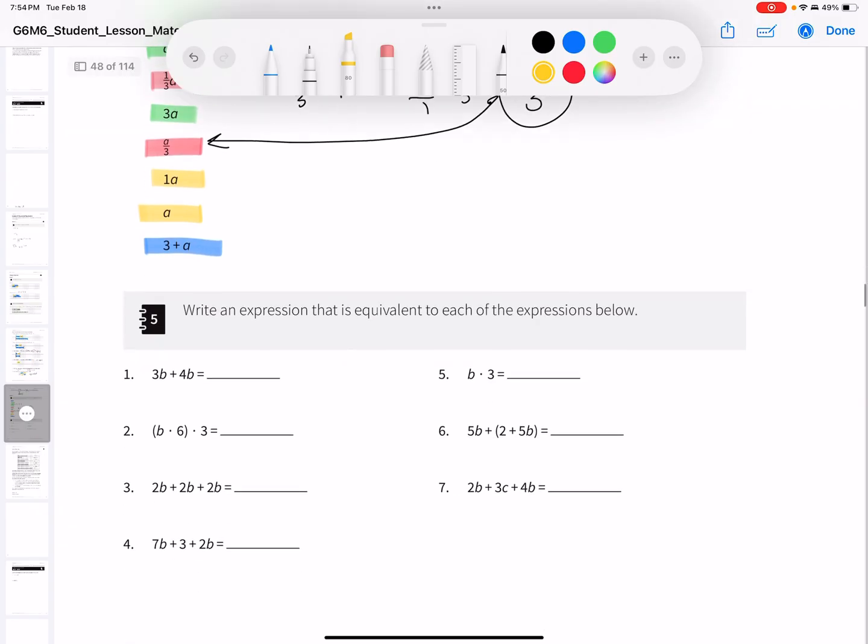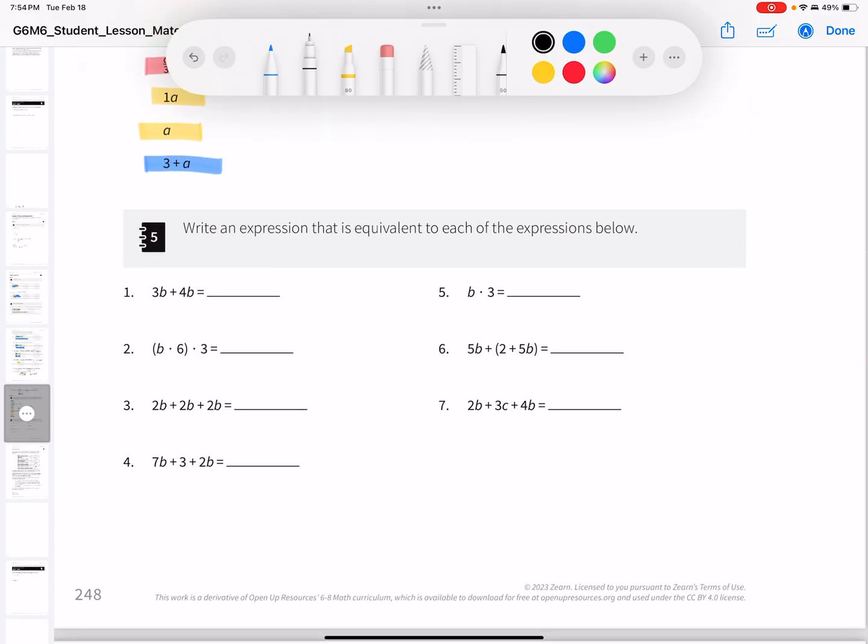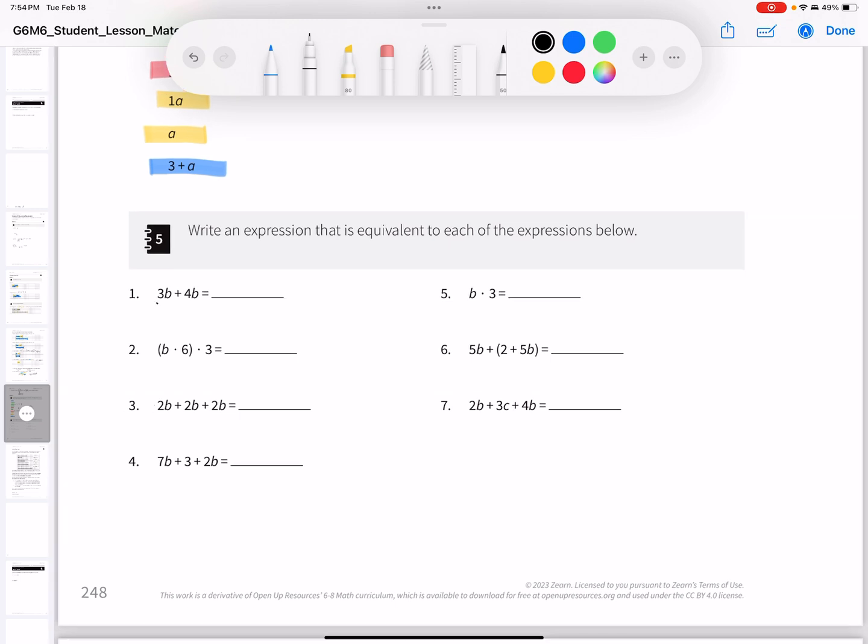Okay? Now, finally, it says, write an expression that is equivalent to each of the expressions below. So when we have like terms like this, we can combine them. So see how this is addition and we have 3 times b and 4 times b?